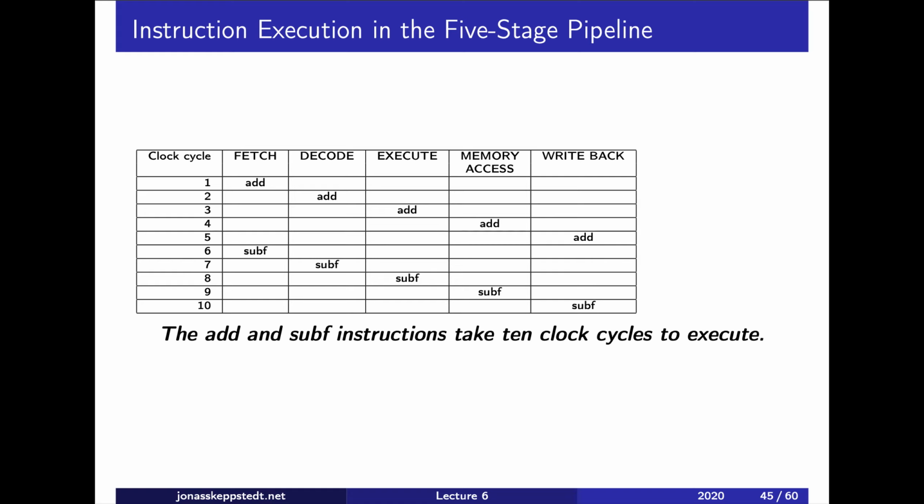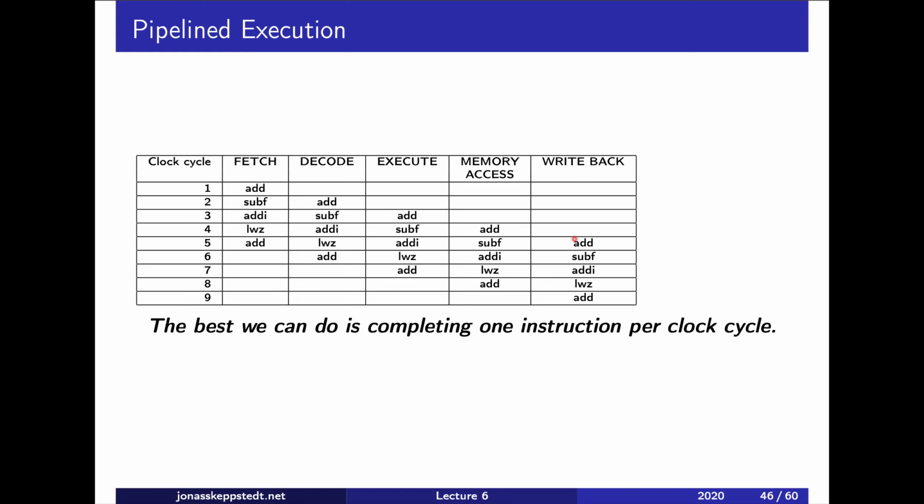But what we may want to do is to start the subtract before the add has finished. Actually, we can try to start a new instruction in every clock cycle. What happens then?